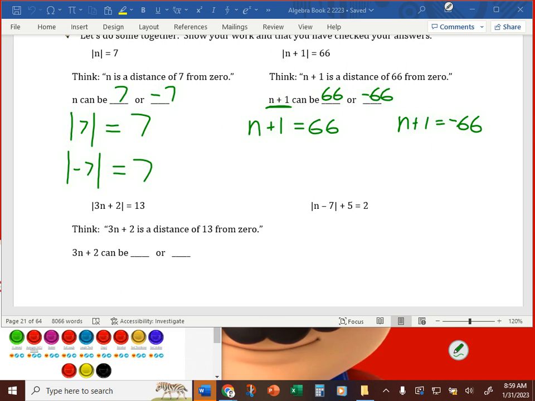And now that we've dealt with the bars, we can use opposite operations to solve this. Subtract 1 from both sides, n equals 65. That's your first solution. Subtract 1 from both sides, n equals negative 67. There's your second solution.